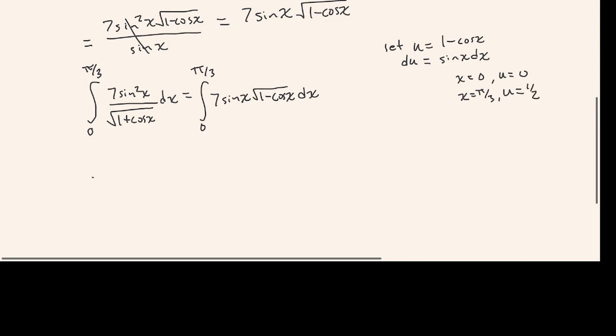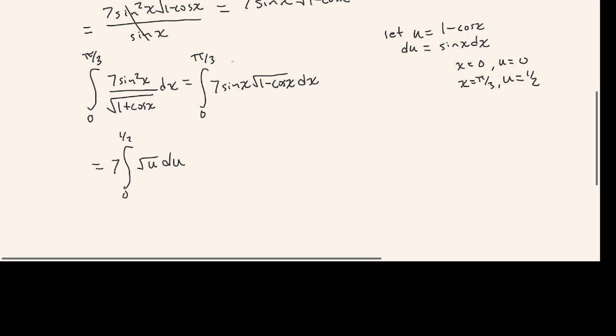So this will be equal to the integral from 0 to 1/2 of, let's pull this 7 out, 7 times the square root of u du. Because u is 1 minus cosine x inside the square root, the du is sine x dx.